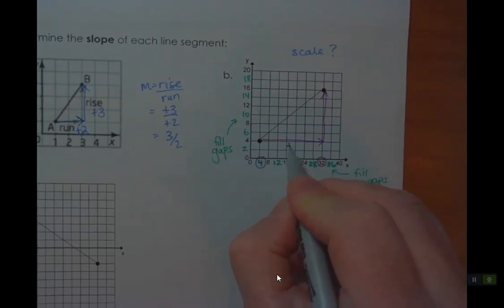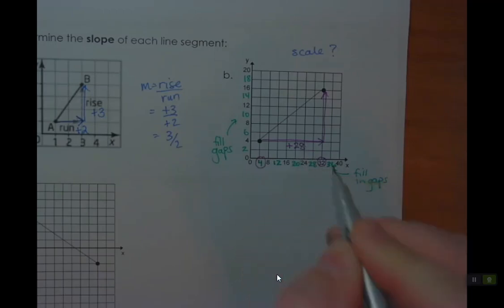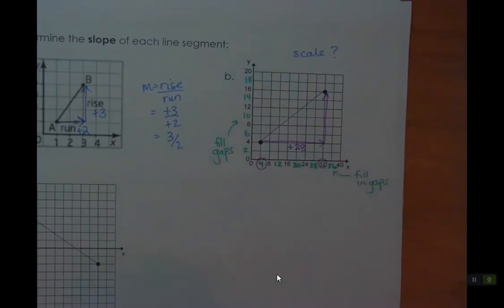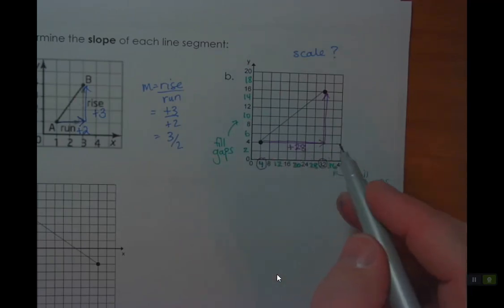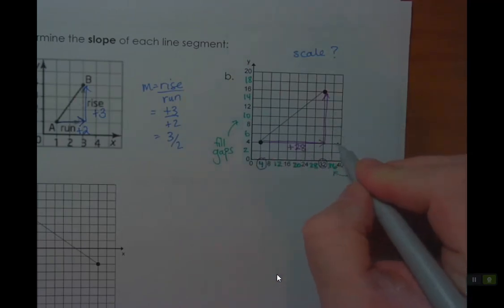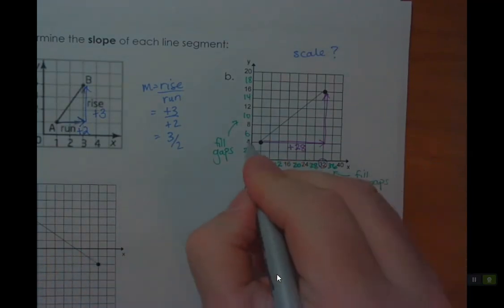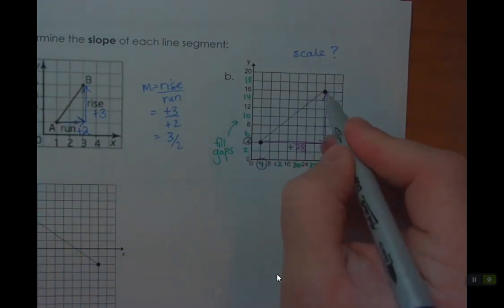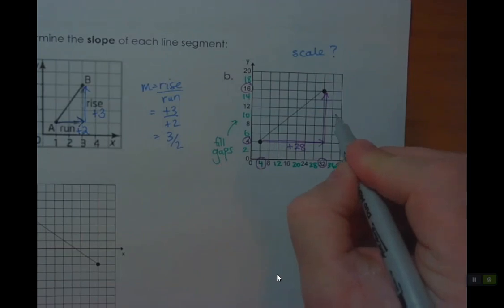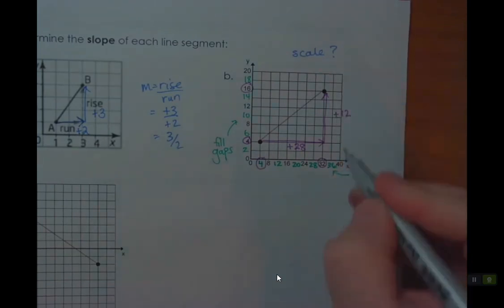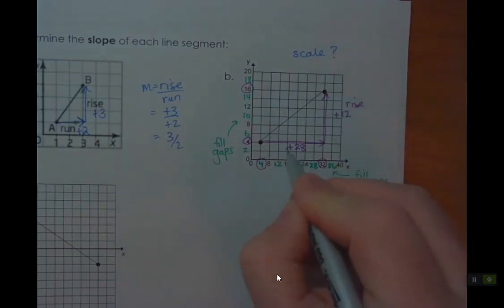That way I went actually 28 units. And another way of looking at it, which I'm going to show you in a second: here I ran from 4 up to 16, so I increased by 12. So that's my rise, and that's my run.